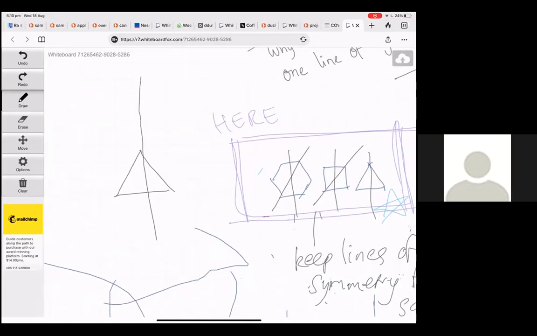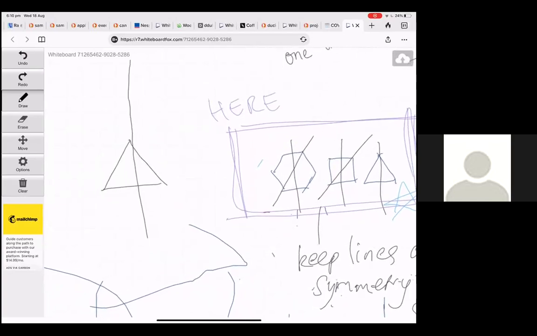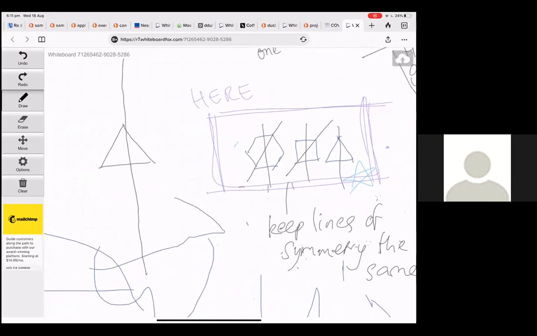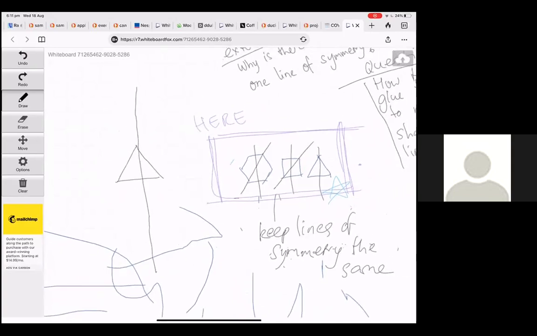So then where can we put the square now that we have the triangle? The square has one line and one line across. Where can we put it if we want to keep the lines of symmetry the same? We just put one line in the middle. Okay, so it's going to have the same line of symmetry here, right?